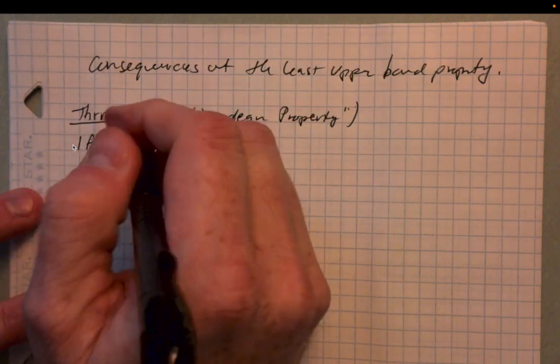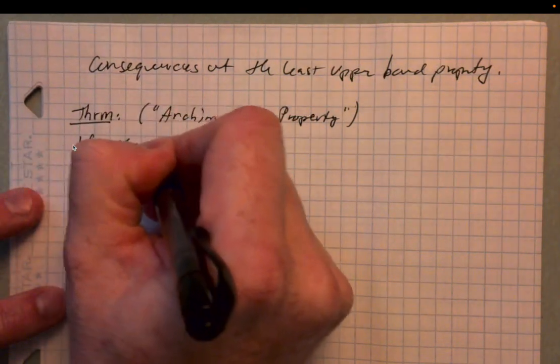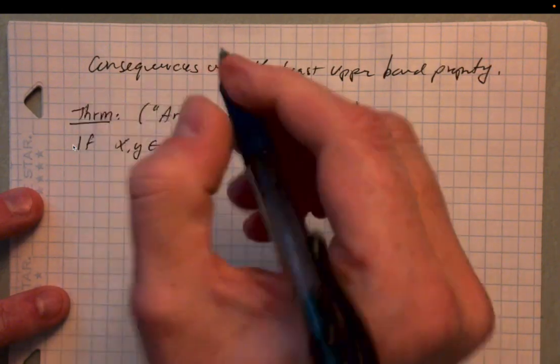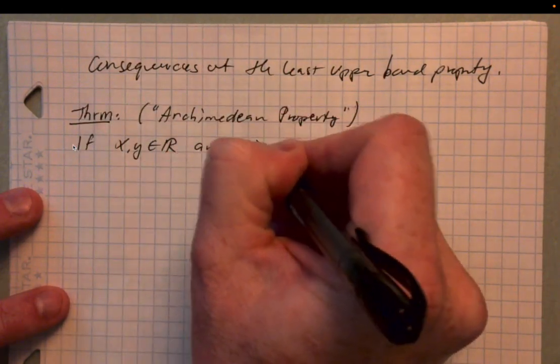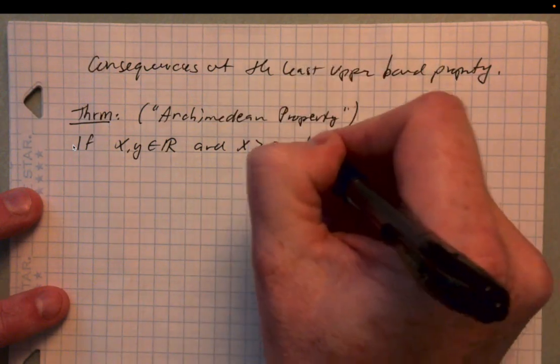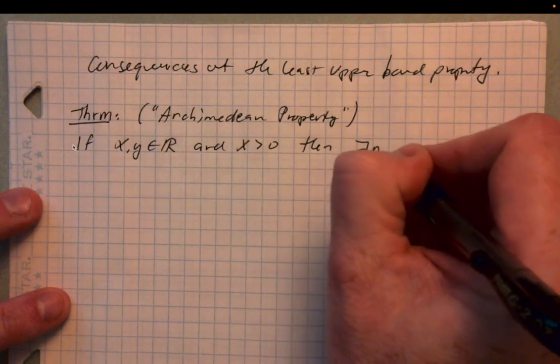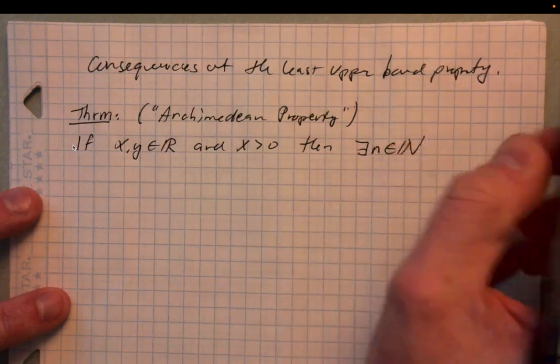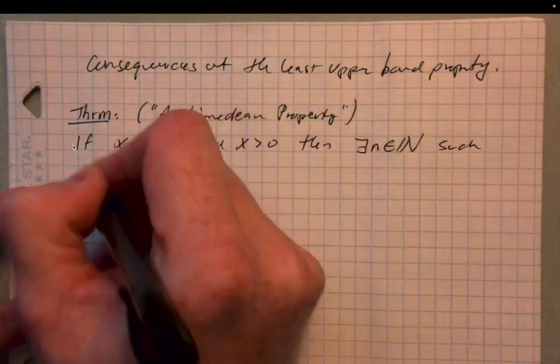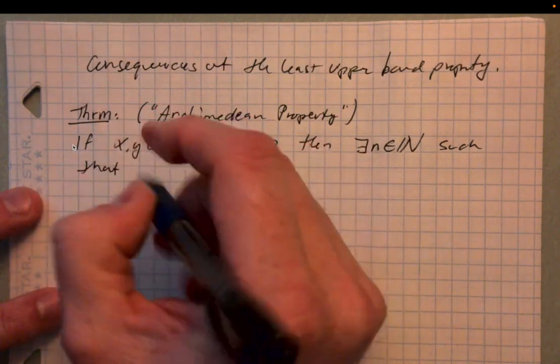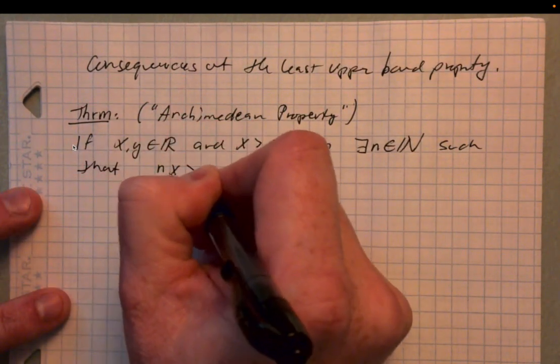It says that if x and y are real numbers and x is greater than 0, then there exists a natural number n such that n times x is greater than y.